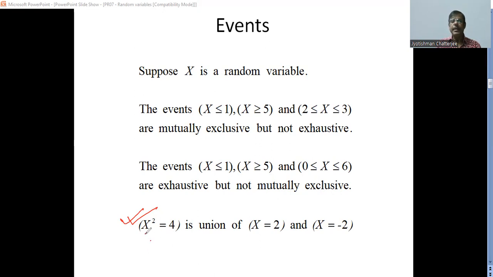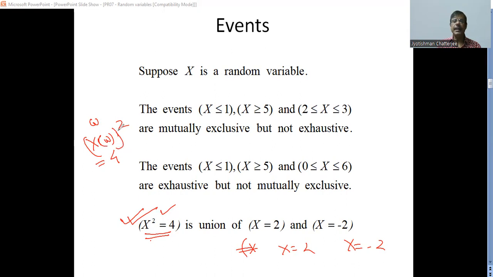When the X value square of the outcome becomes 4, then the corresponding X value must be equal to 2, or it must be equal to -2. There is no other possibility. Say we have got one outcome and the corresponding X value is this, and when you take the square of this thing, you are getting 4. That's the meaning of this, right?